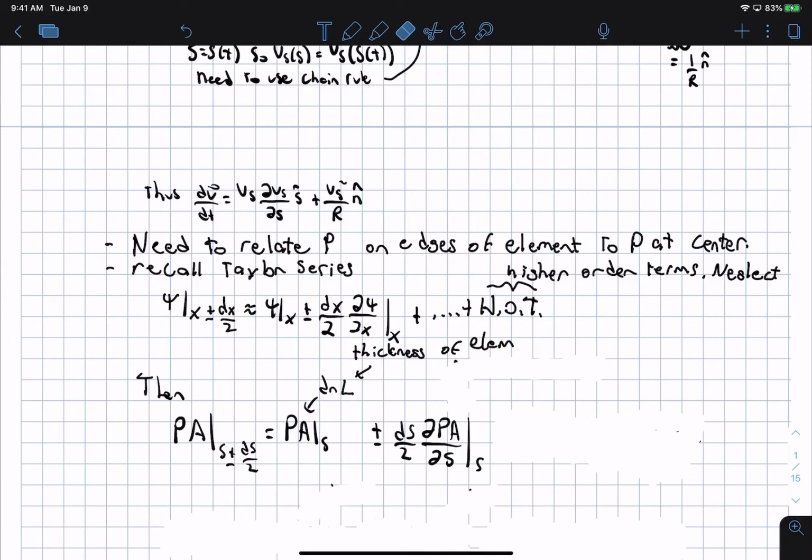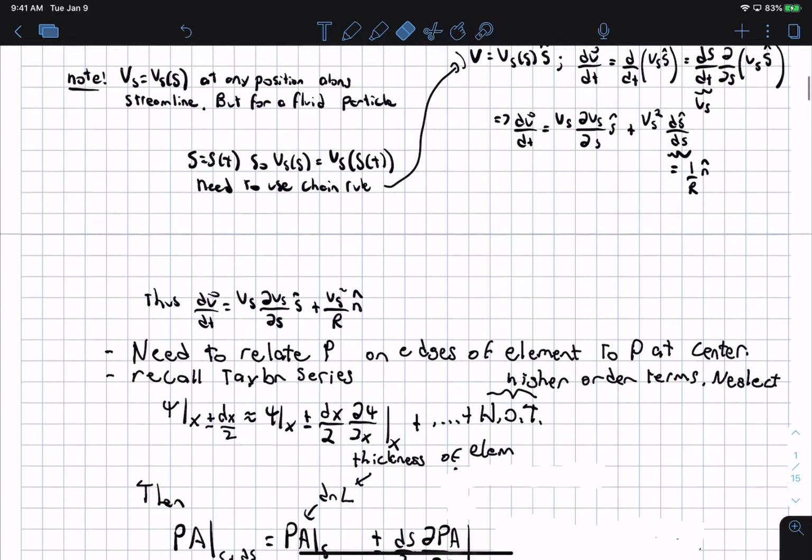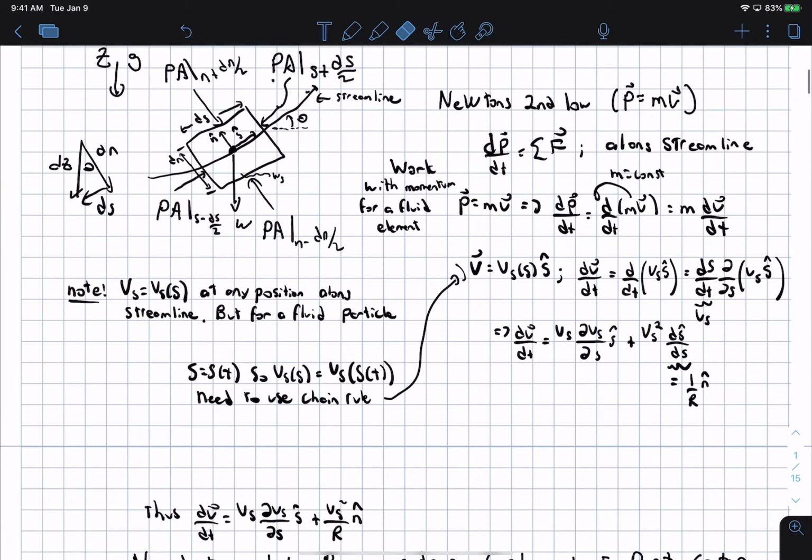Well, that area is just the height, which is given by dn, times how long our fluid element is, which I'm just going to call L, basically how long it is into the page.